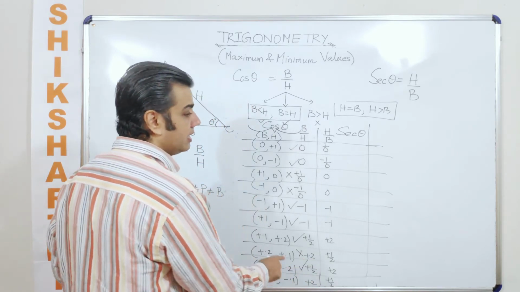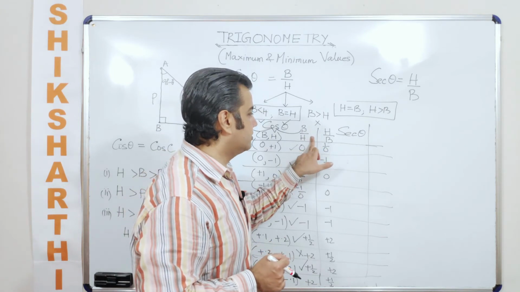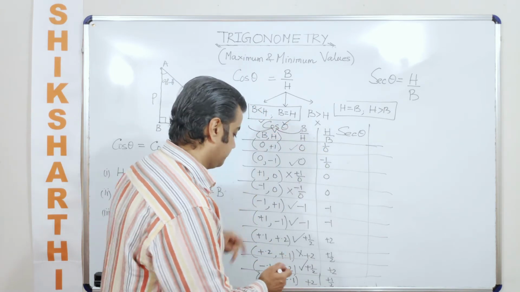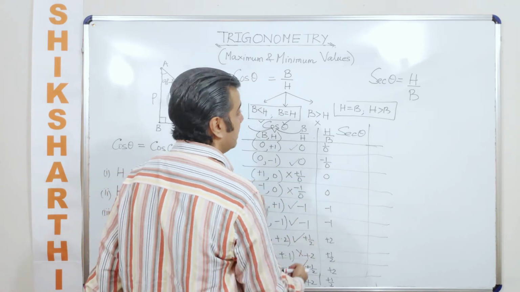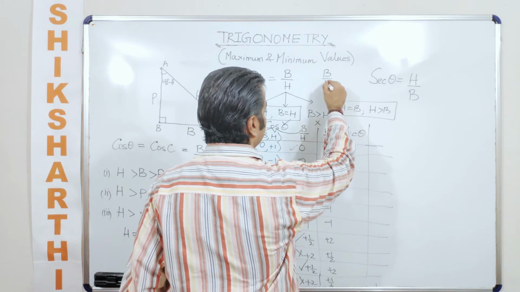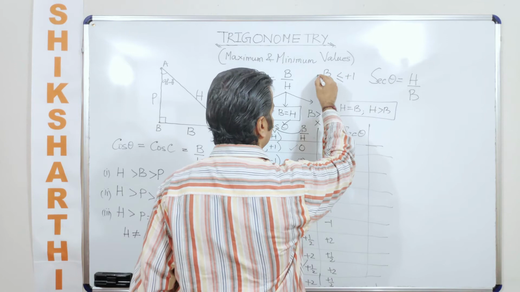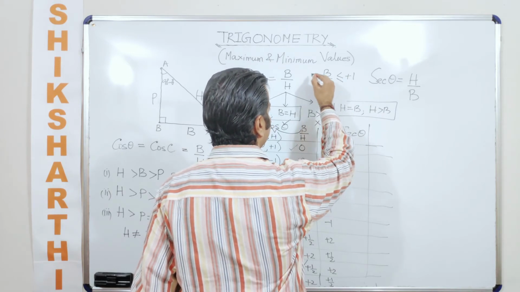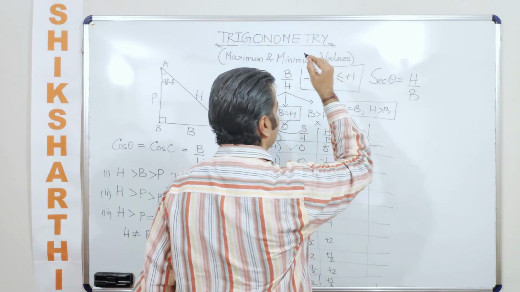When you are giving the final answer as plus 2, what are we saying? Plus 2 can be written as plus 2 upon plus 1. So it contradicts. So from here, when you compile all these values, you will say that b by h, the maximum value is plus 1 or equal to plus 1, and the minimum value is 1, or the limiting value is 1.